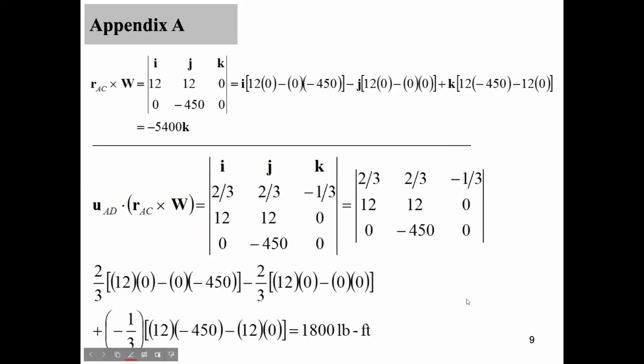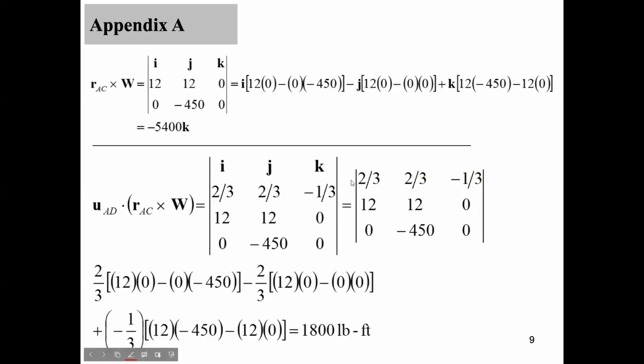Next, hide all elements in row 1 and in column 1 except element 1, 1. Then multiply 2/3 by 12 times 0 minus 0 times negative 450.